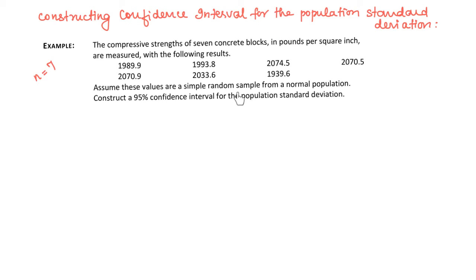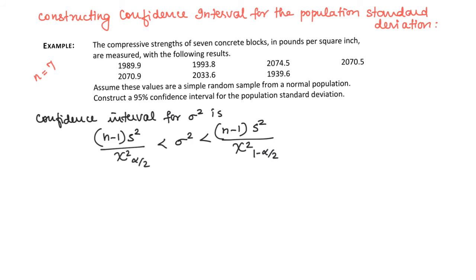Assume these values are simple random sample from a normal population, and we need to construct a 95% confidence interval for the population standard deviation. Confidence interval for variance is this formula. Since we know n equals 7, so n minus 1 will be 6. Now we need to find S square as well as the critical values.